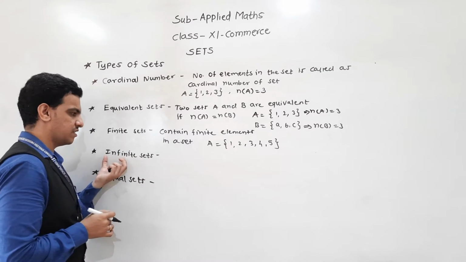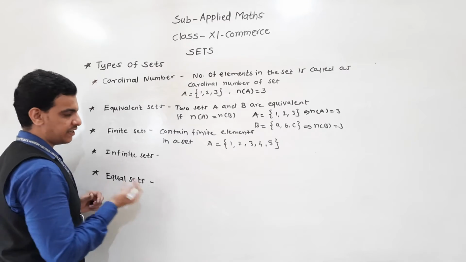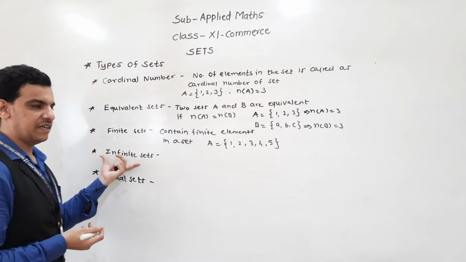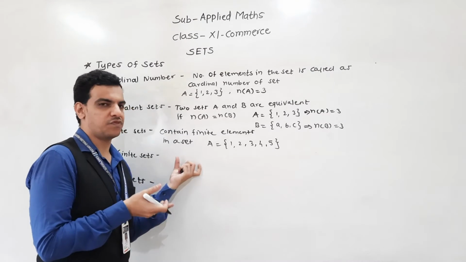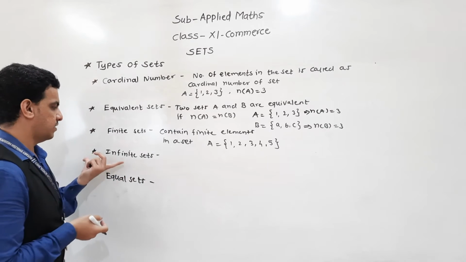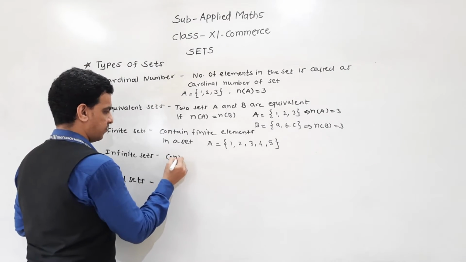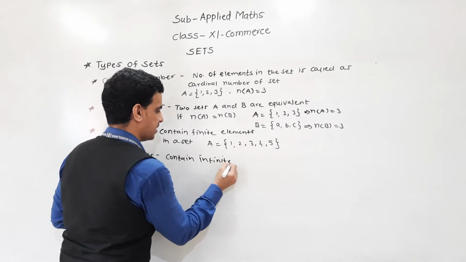Similarly, infinite sets. If a set contains infinite elements, we call it an infinite set, or we can say that if the cardinality of the set is infinite, then it is called an infinite set.